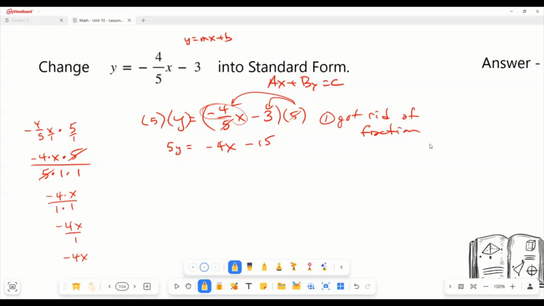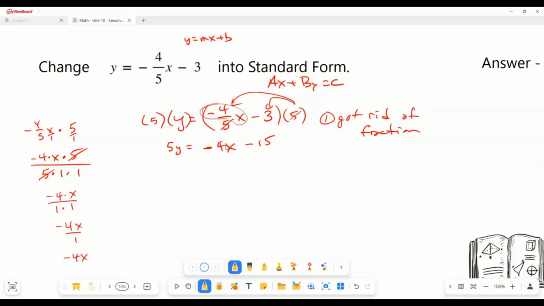Okay. Now we need to get the variable terms on the same side. Well, here I have a negative 4x minus 15. The 4x is being subtracted from negative 15.